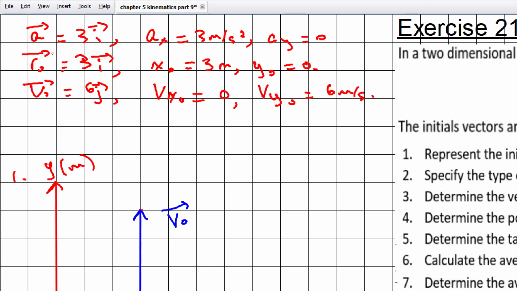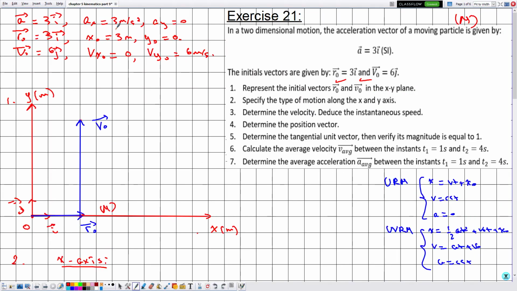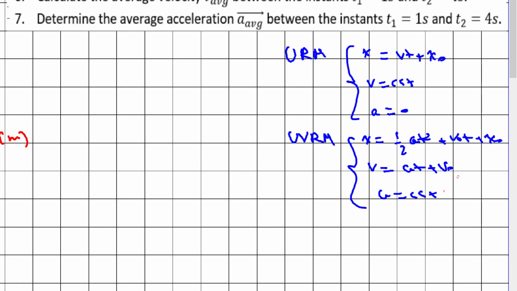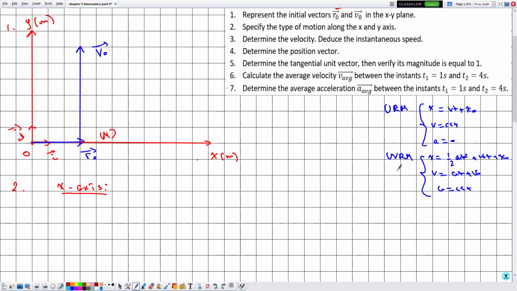Now, position vectors are useless in determining the type of motion, so we always need to refer to a general equation which is given by this. So a of x is equal to 3 meters per second squared, which means it's equal to a constant different than 0, then we are in the case of UVRM along the x-axis, since a of x is equal to 3 meters per second squared verifies the general form.